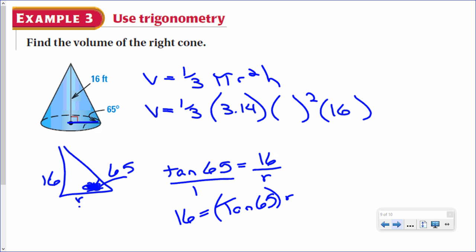Divide both sides by tangent 65. 16 divided by tangent 65 is 7.46. Put that in place of your radius. Multiply all of them out, and when it's all said and done, this is what I ended up getting for this guy.